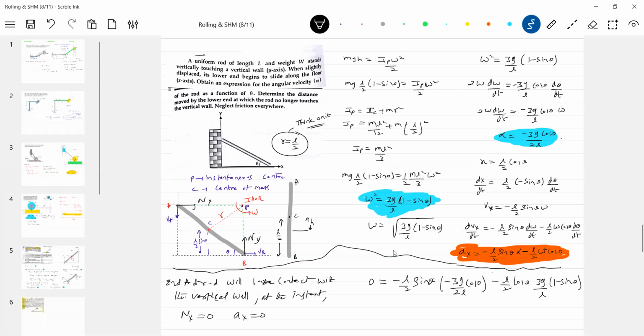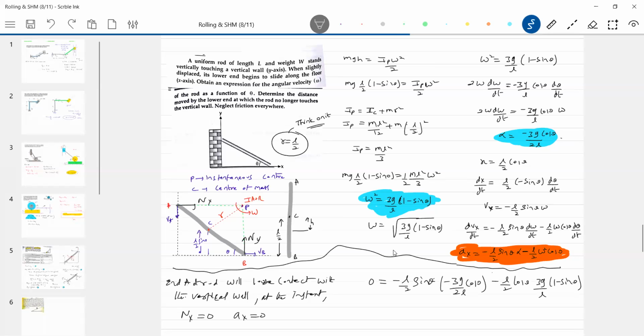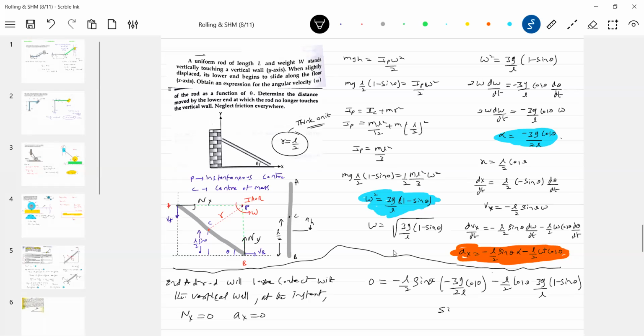We have to calculate sin theta. Cos theta also will get eliminated.